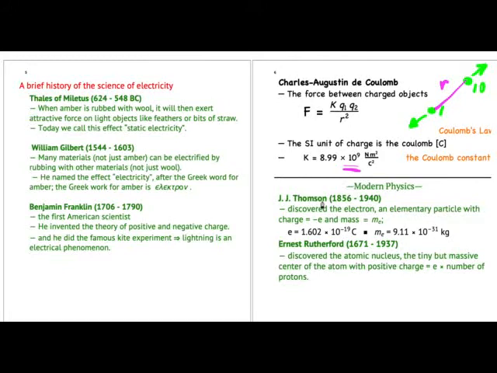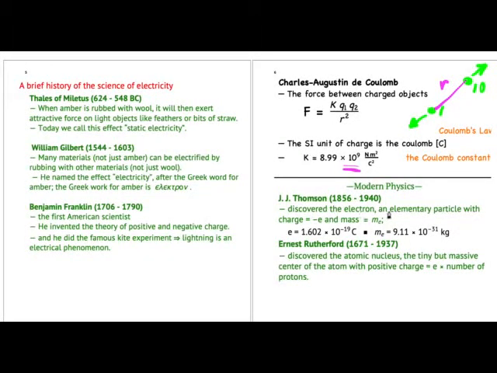J.J. Thomson was an English scientist, physicist. He lived 1856 to 1940, so his life extended into the 20th century. J.J. Thomson discovered the electron.